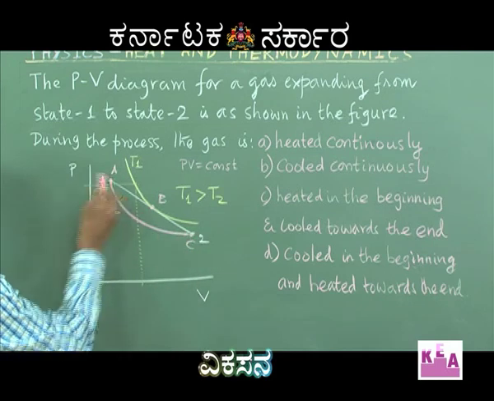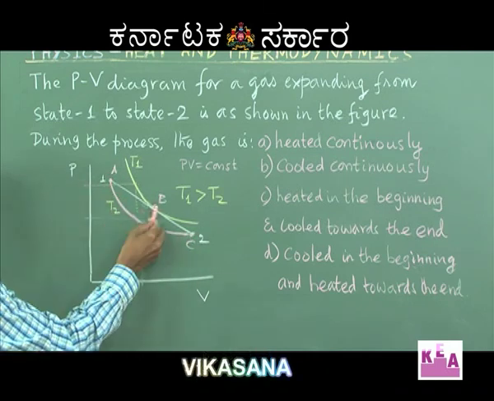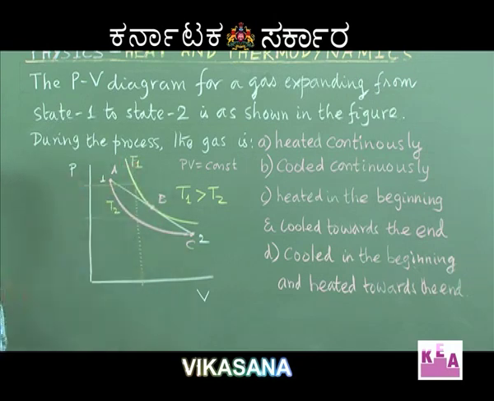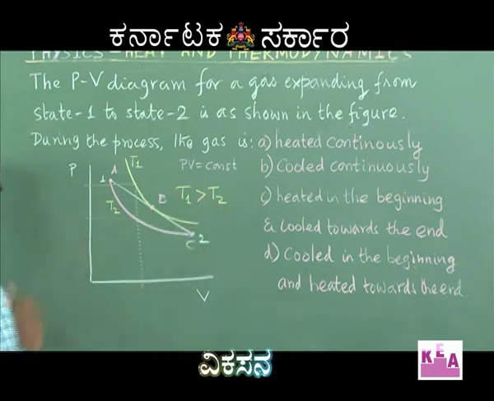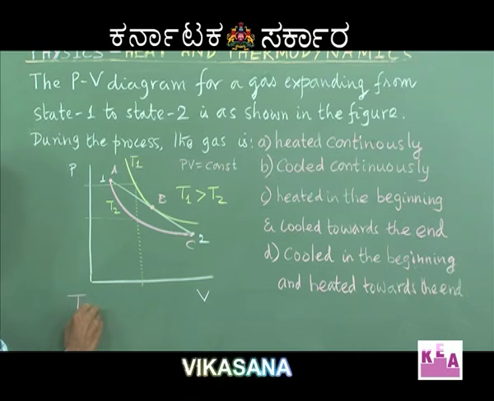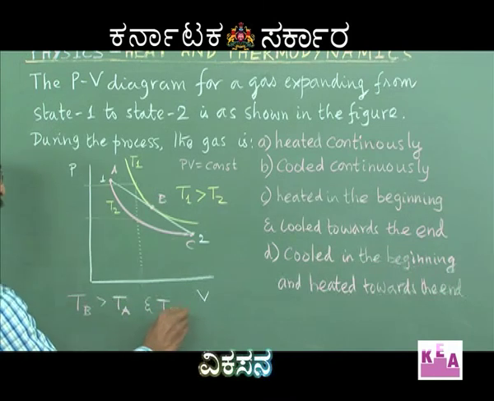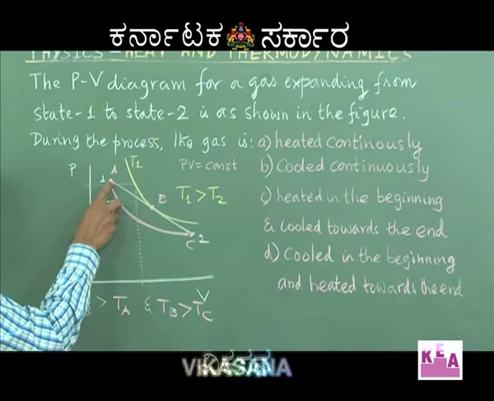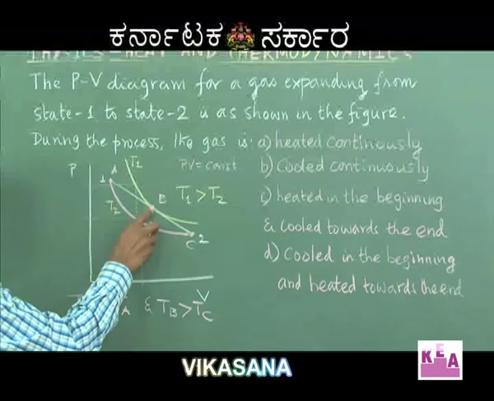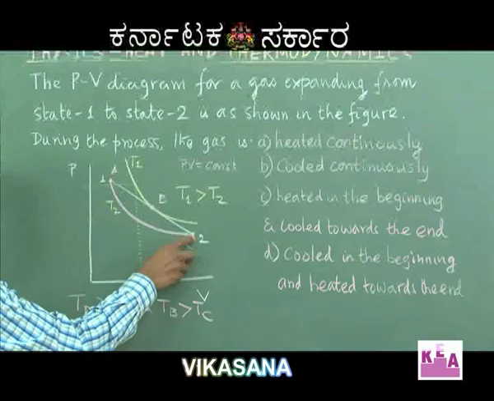That is, at point A the temperature is T2, at point B the temperature is T1 and at point C the temperature is T2, and as you can see here T1 is greater than T2. Therefore, the temperature of B is greater than the temperature of A and the temperature of B is greater than the temperature of C. That is, this temperature is lower, this temperature is higher, this temperature is again lower.